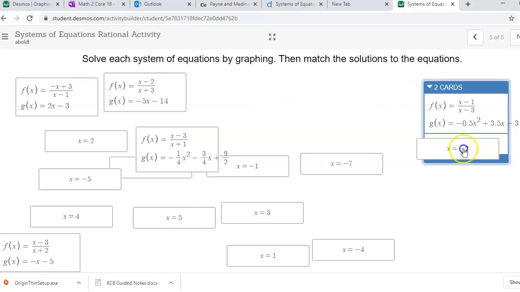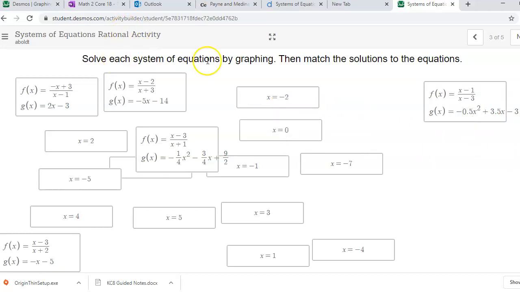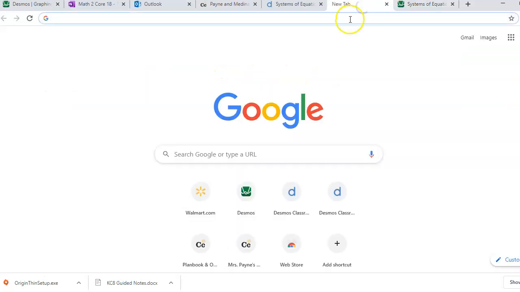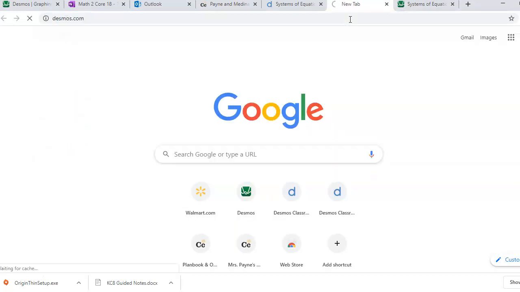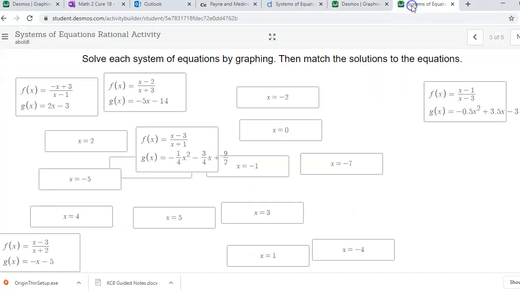If there's more, you can add more than one to it. This first one is graphing. So in another tab, I'll open Desmos so that I have the graphing calculator, and I'm just flipping between these two tabs to graph it and find those solutions and match them.